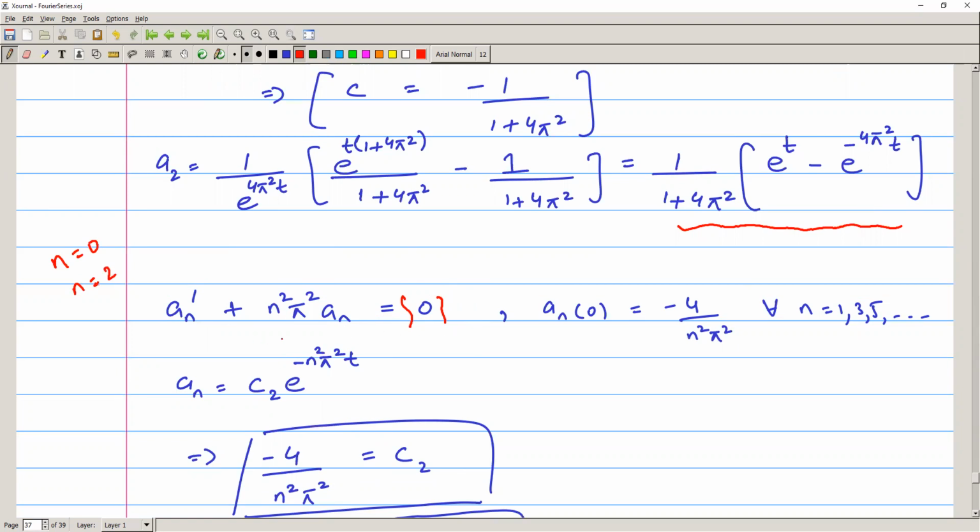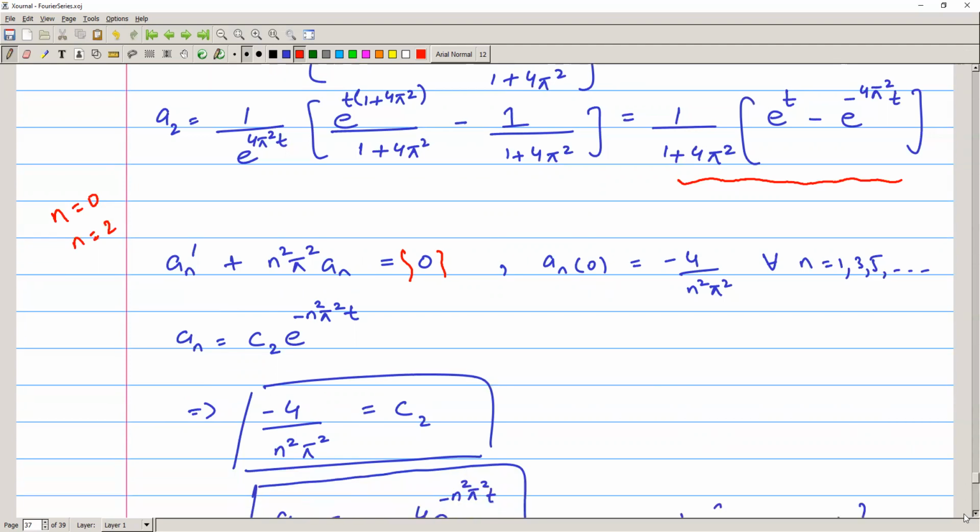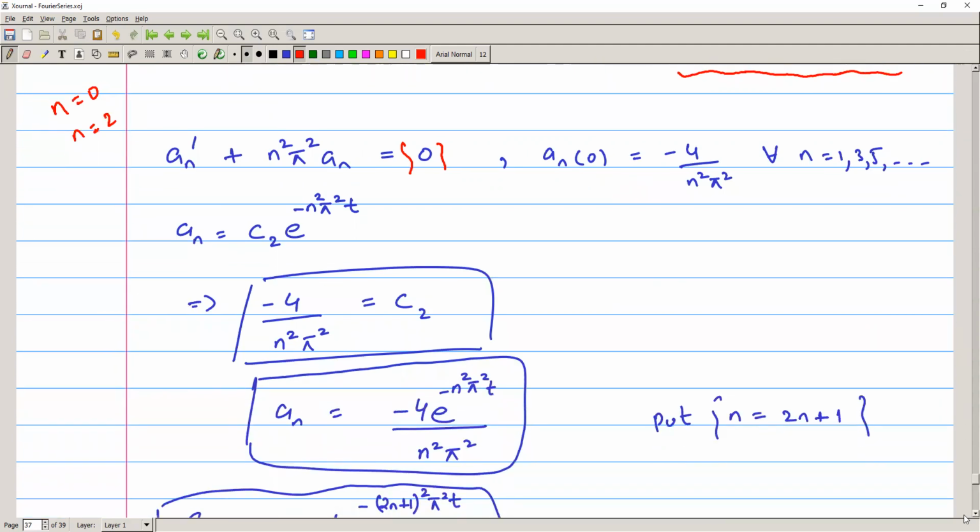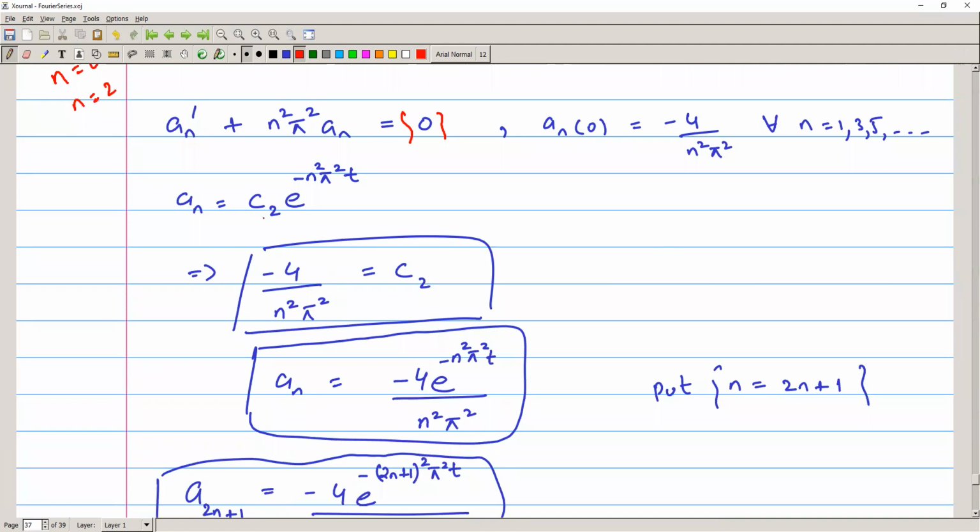So a n prime plus this is equal to 0, and then the initial condition is equal to negative 4 over n squared pi squared. From here we can get the solution, because this is a first order differential equation and it's homogeneous, so it's very simple. We'll apply the initial condition, we'll get c2, right, plug it here in the equation, and then we will generate the solution.